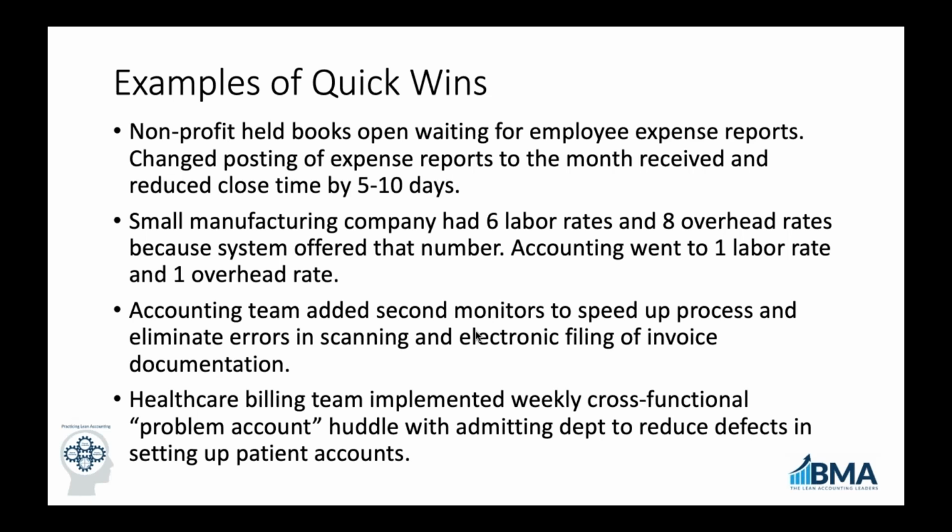And it created a lot of complexity in understanding the costs, and people questioned the rates. Through our efforts to simplify things, going to one labor rate and one overhead rate, this was a fairly small company, just reduced a lot of complexity in terms of setting the rates, in terms of deciding what the rates are.